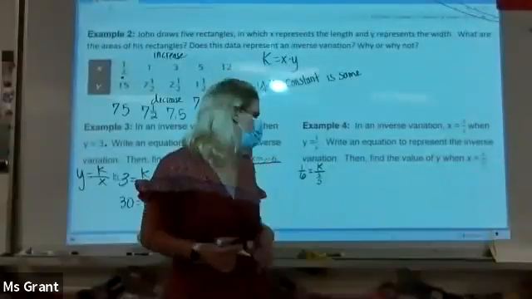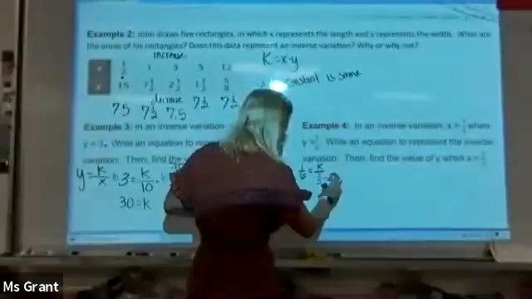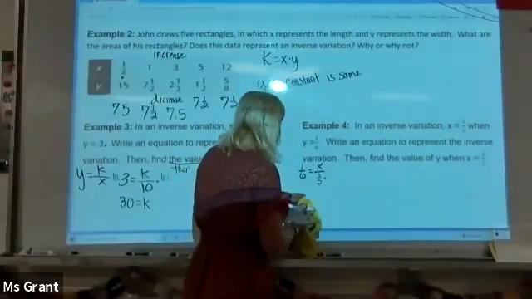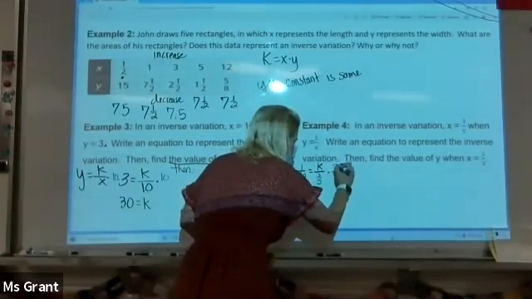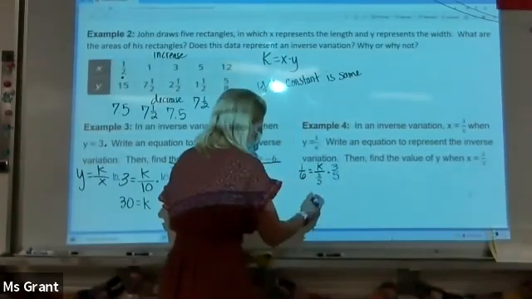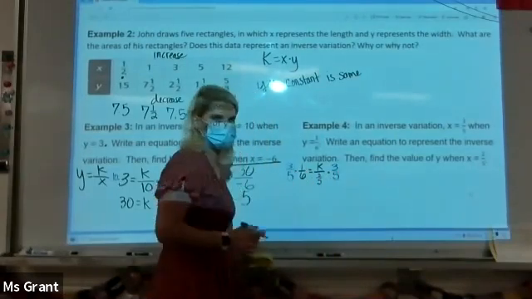Multiplying it by its inverse. I'm going to use the word reciprocal. So multiply the whole bottom denominator, which is 3/5. Whatever you do to one side, you do to another.